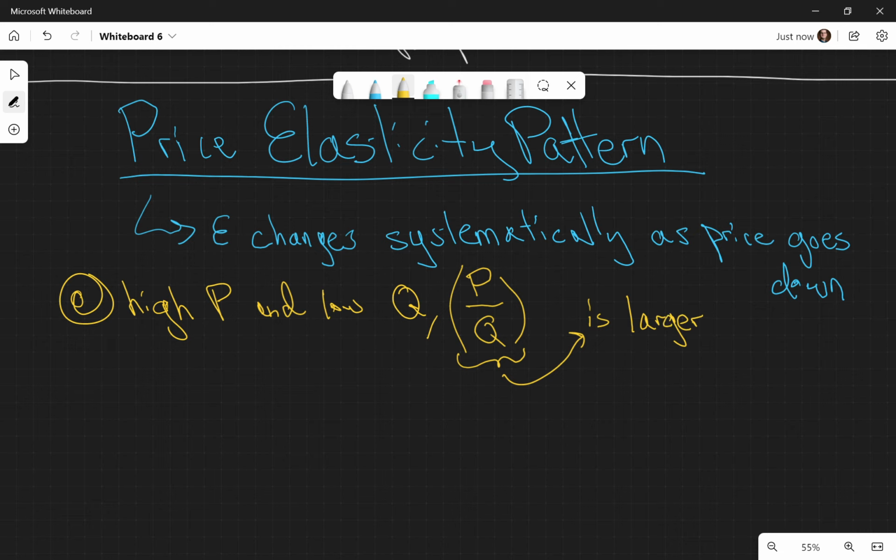So when we're at the part of the demand curve up here, right? This is 1, 2, 3, 4, 5, 6, 7, 8, and 2. So what is P over Q when it's 8 over 2? That's going to be equal to 4 compared to that same kind of ratio, right?